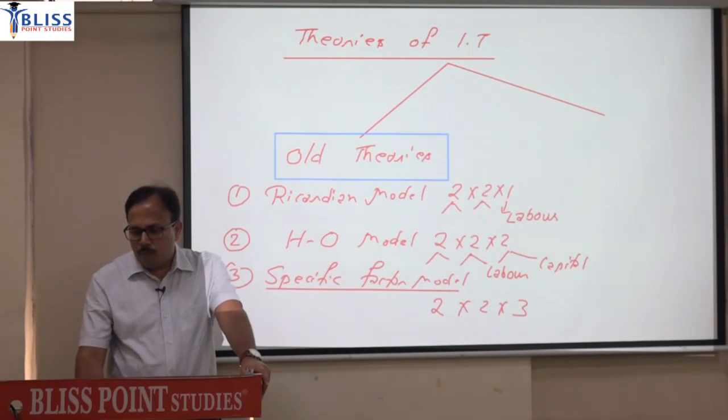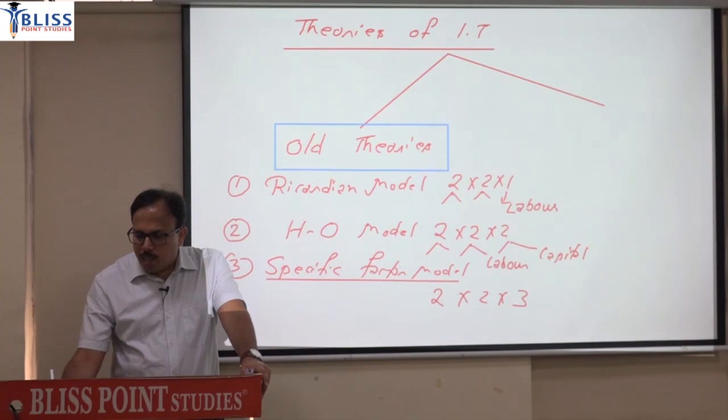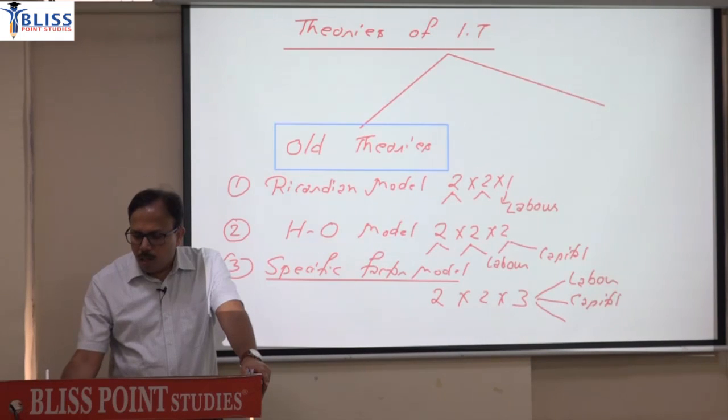Now the three factors could be considered as labor, capital and land. So we may consider one factor as labor, another factor as capital, and the third factor as land.